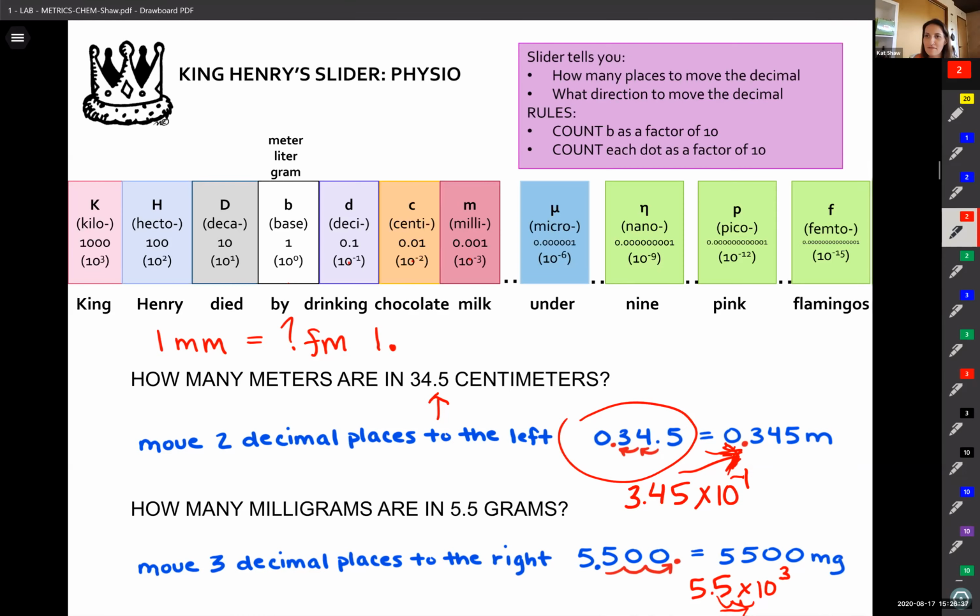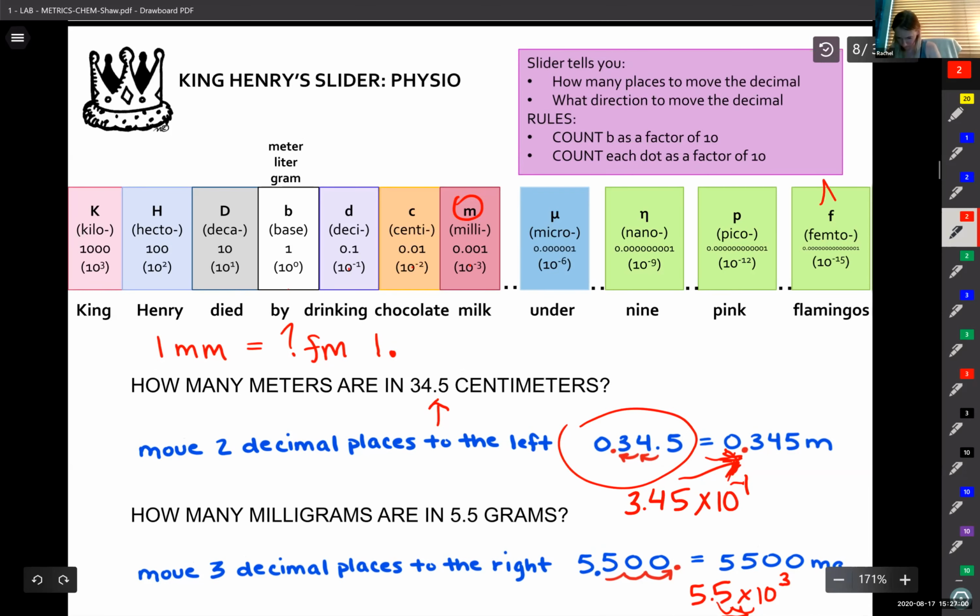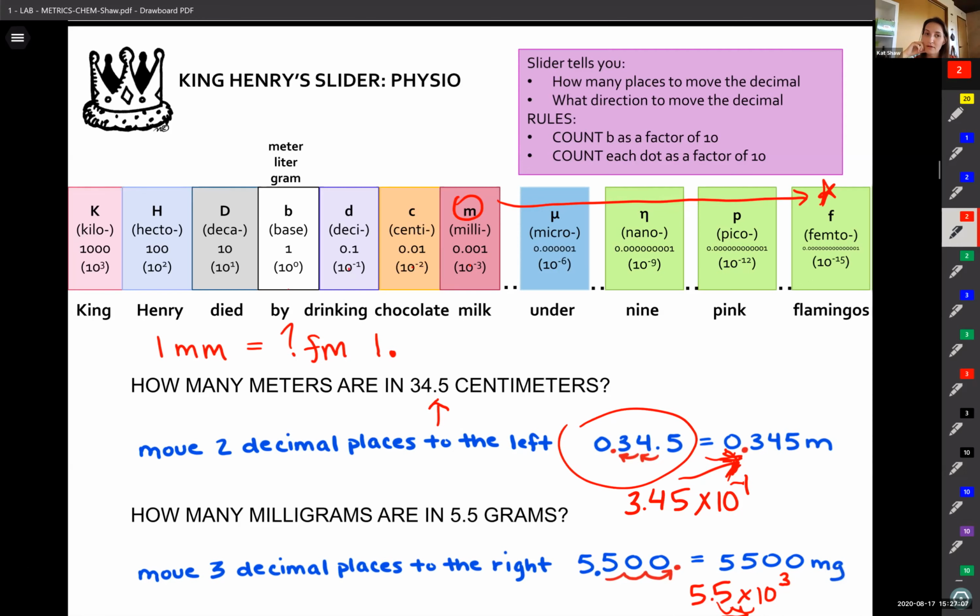All right, looks like we have a consensus here, which means some of you have caught on to what we do with the dramatic pauses. Let's just review that quickly together, how we would use those dramatic pauses. And this is an excellent example because we have to go from millimeters, start here, milli. We want to go all the way to femtometers, which is here. So we're moving our decimal point to the right. We have to understand how many places we're moving that decimal point.